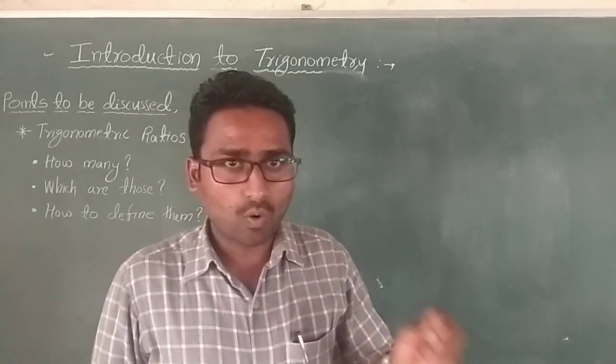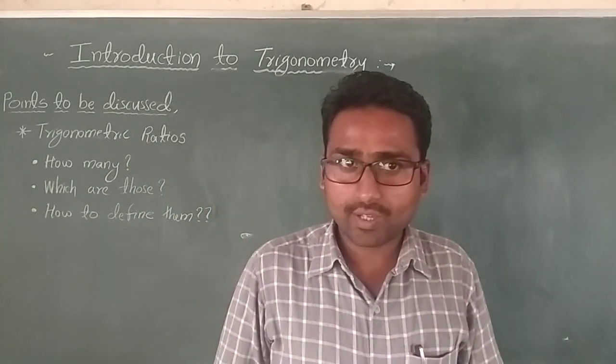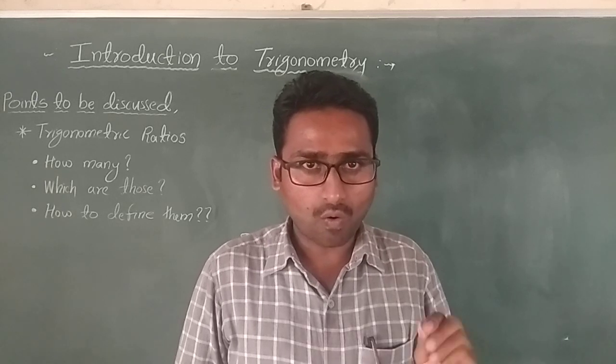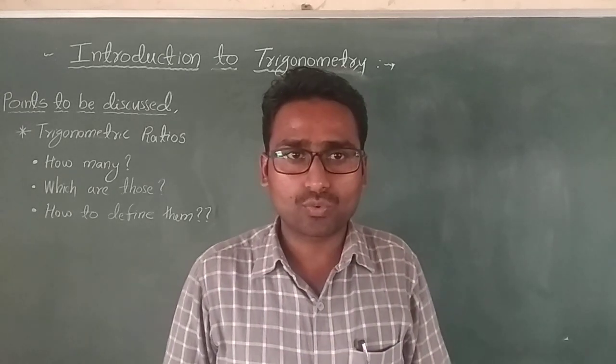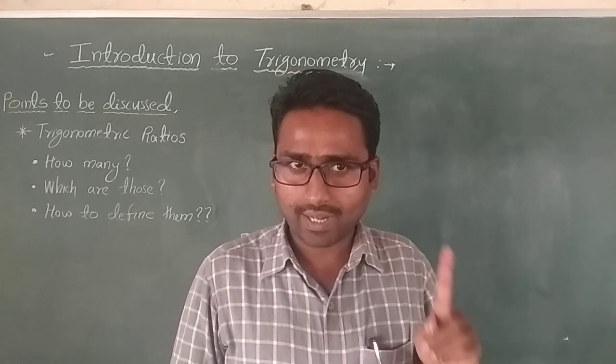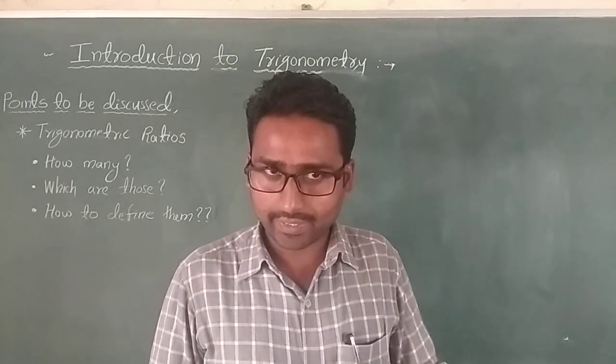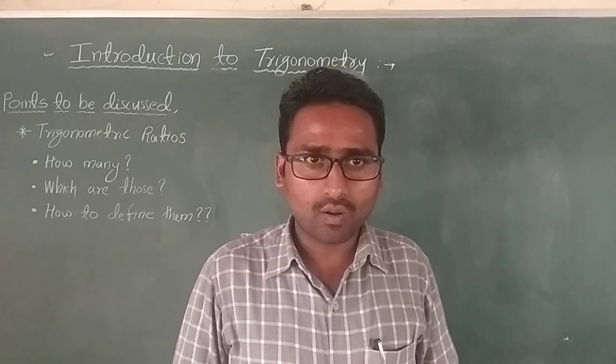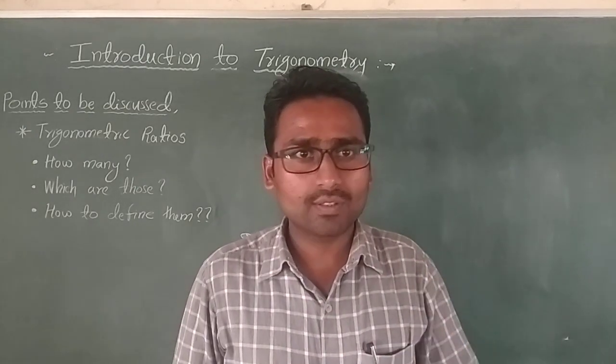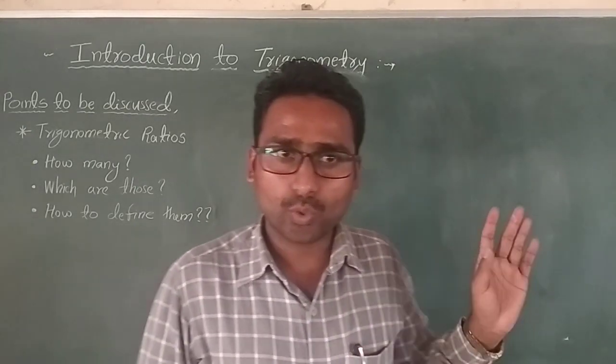Students, in order to understand the definitions of all the trigonometric ratios, we need to consider a right angled triangle with one of its angles 90 degree and any one of the remaining 2 as theta. Let me show you the diagram.